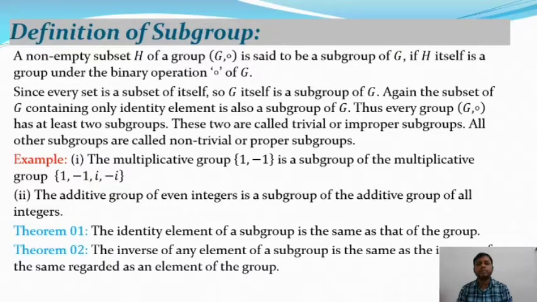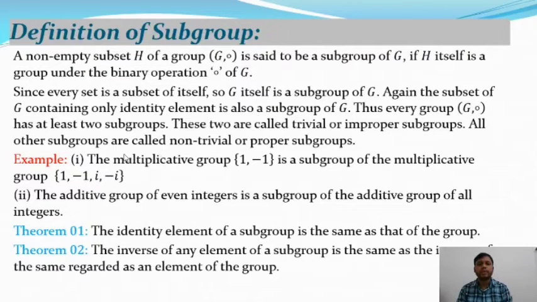These two subgroups are called trivial or improper subgroups, and all other subgroups are called non-trivial or proper subgroups of G composition, where composition is a binary operation.